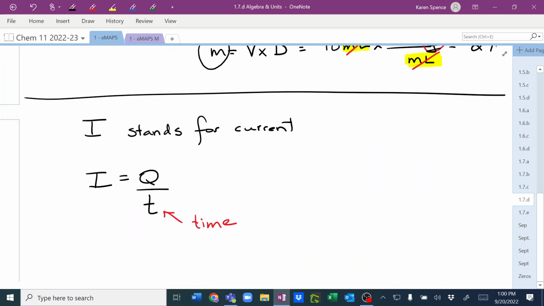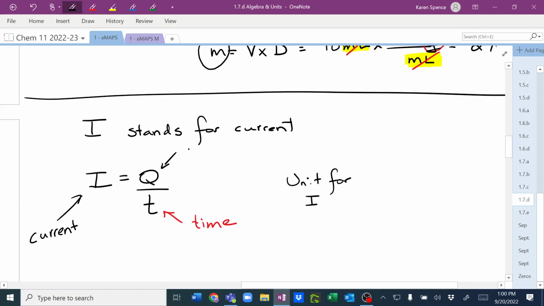So if I wanted the unit for I, which is current, I need to take the unit for charge and divide it by the unit for time.